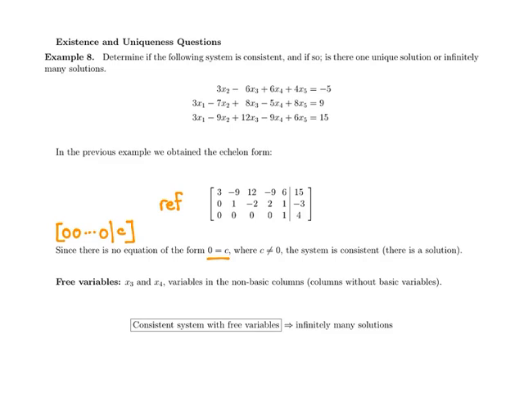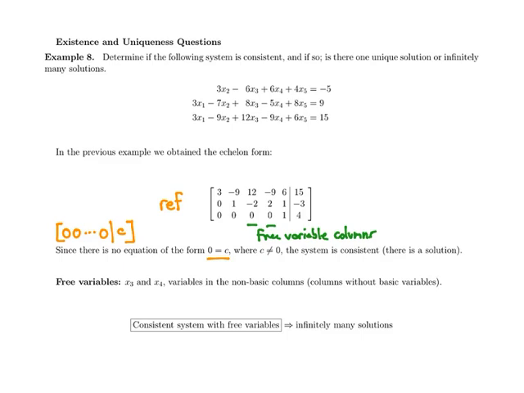But because I have free variables, call these free variable columns, because I have those, x3 and x4, then I have to have infinitely many solutions, because those free variables can be any value.